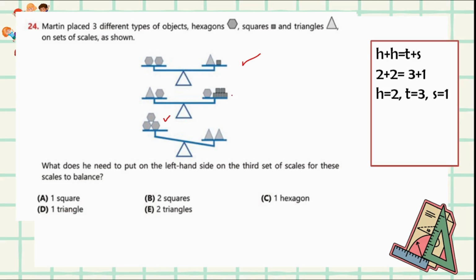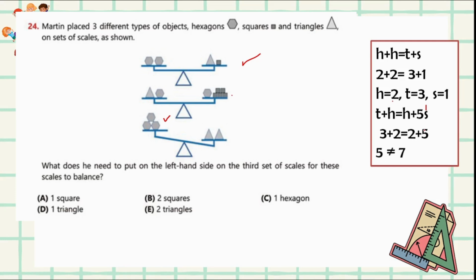Now I will move towards my second scale. I have 1 triangle, 1 hexagon on the left side of the scale, and 1 hexagon and 5 squares on the right side of the scale. So now I can put these values in the equation. I know that the value of the hexagon is 2, so I will write 2 at the place of H, 3 at the place of T, and 1 at the place of S. As there was 5 written with the square, 5 ones are 5.